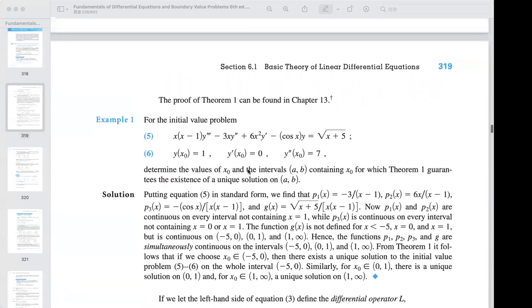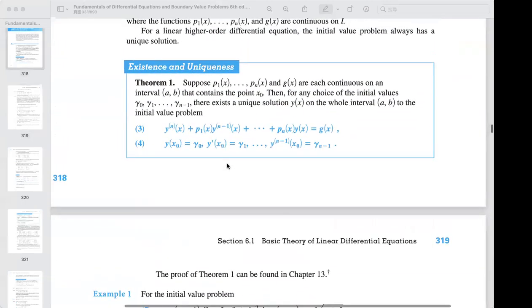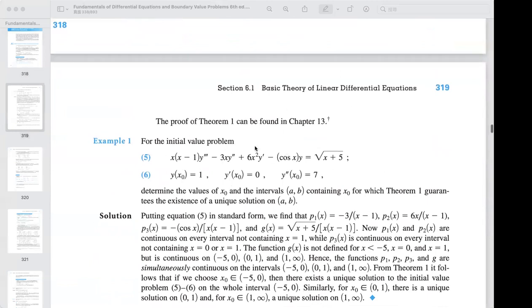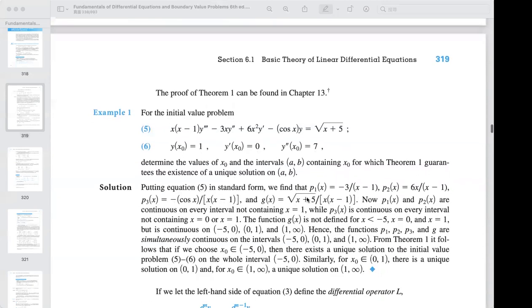Okay, so by theorem 1, you need to make the leading coefficient 1. So here we are going to divide the whole equation by x times (x minus 1). That means you will get P1(x) equal to minus 3 divided by x times (x minus 1). Let me use the laser pointer. So P1(x) is here.